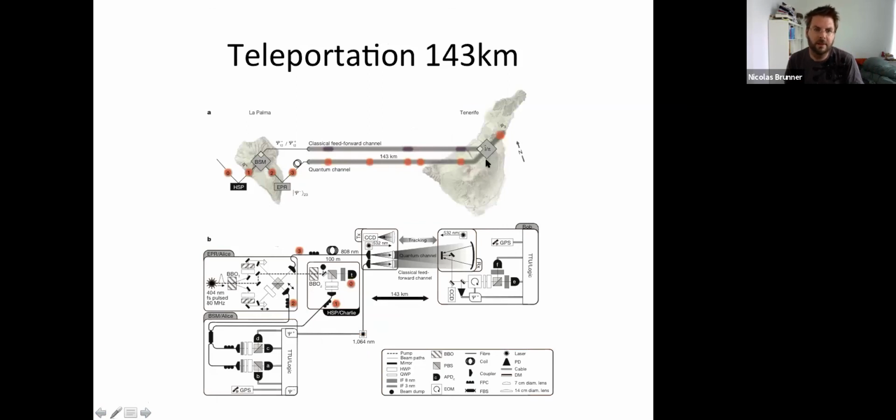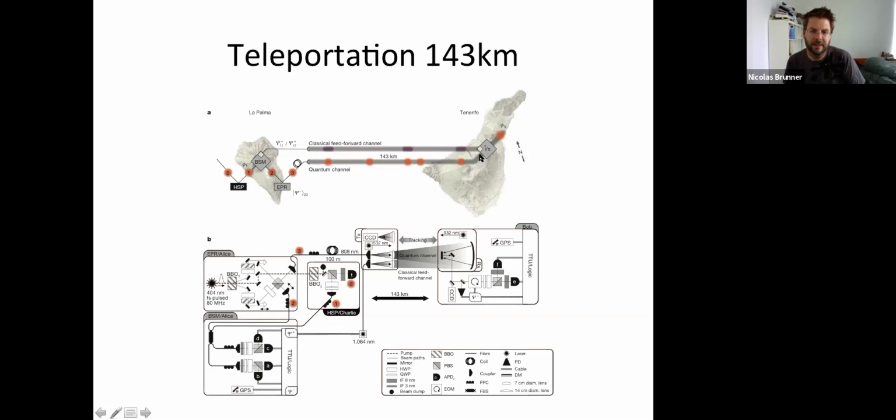This is a nice teleportation experiment done, I think, more than 10 years ago. You see a pretty long distance. And this was done, in fact, in the Canary Islands, between La Palma and Tenerife. Maybe you recognize the name here. So why are these places useful?